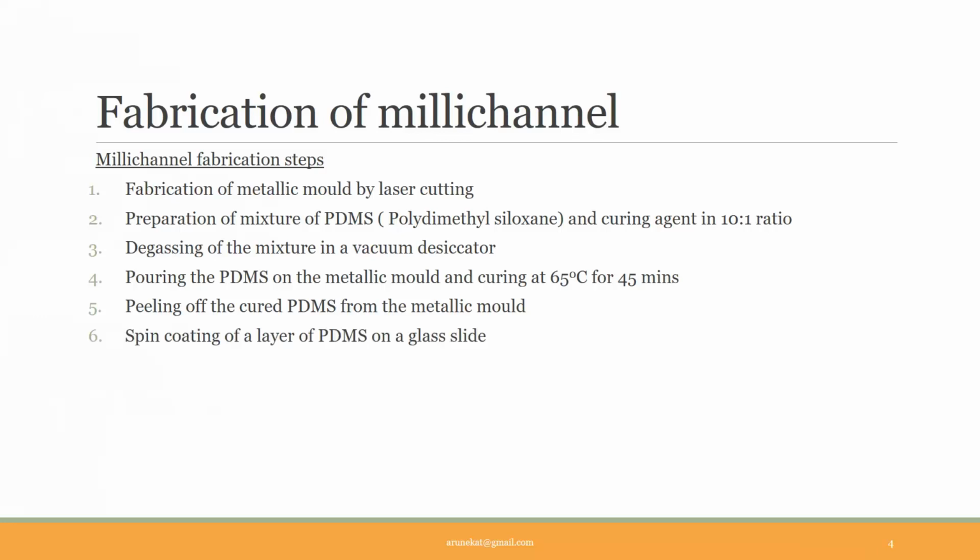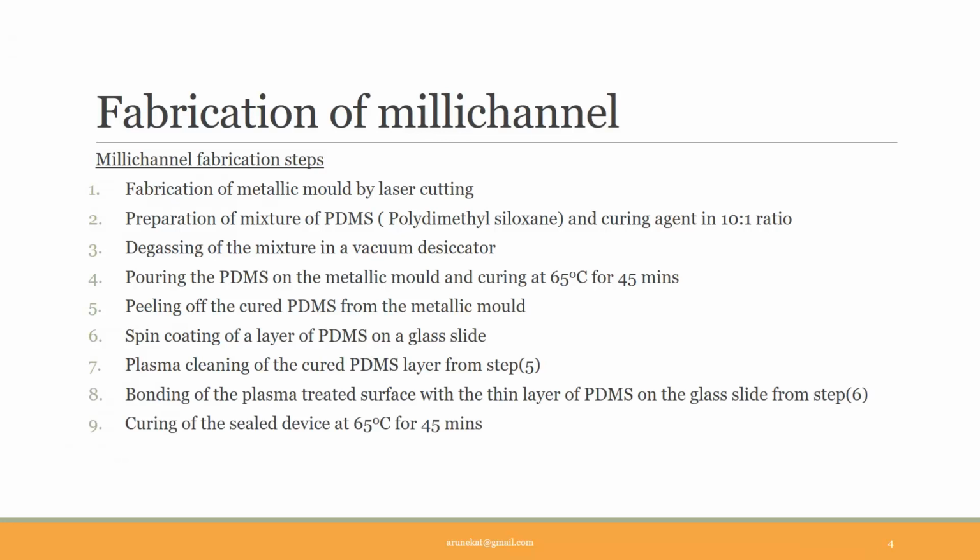Now, we take a clean glass slide and coat a thin layer of PDMS and curing agent mixture on the glass slide using a spin coater. After that, we have to treat the cured PDMS layer, which is peeled off from the mold, to plasma treatment. Plasma treatment helps to bond or stick the PDMS layer to another PDMS layer or glass to have a tight bond and thus a leak-proof channel.